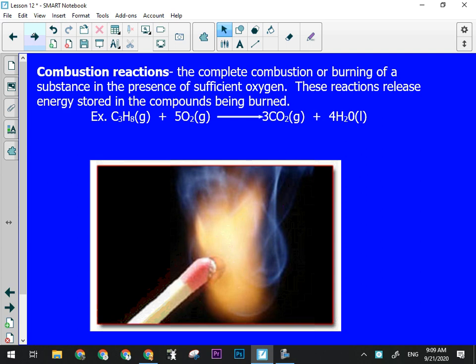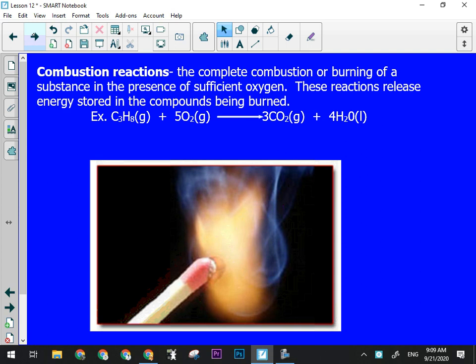All right, so here's a simple example of a combustion reaction. We have C3H8, which is what you use to barbecue. This is propane, reacting with oxygen to produce carbon dioxide and water. The products of a combustion reaction are always the same.